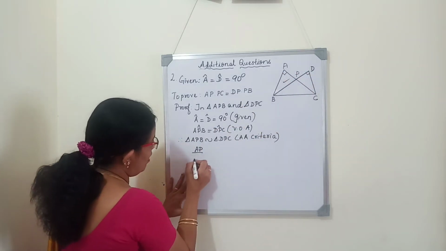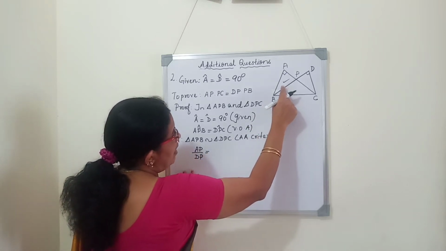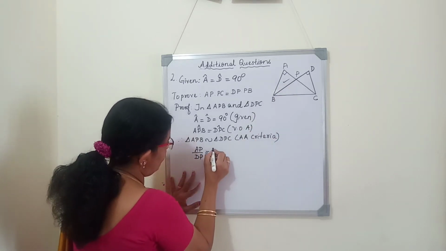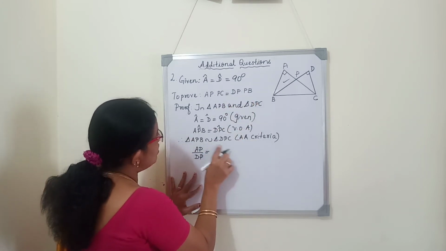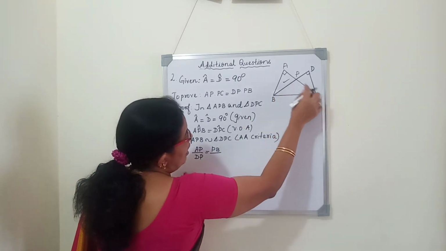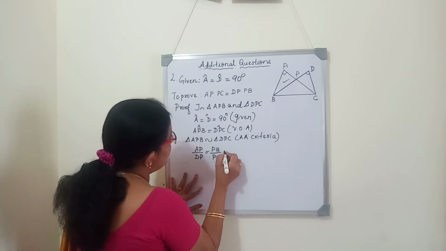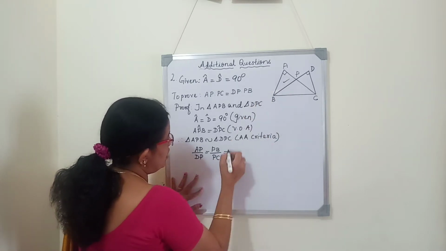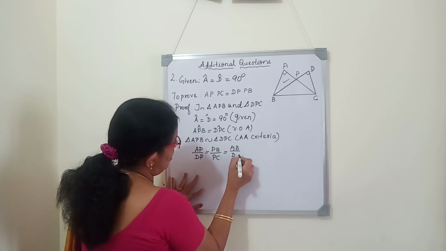So AP by DP is equal to, next in this triangle we write PB. When we write PB, the corresponding side is PC. And the third side for this triangle is AB, and in the second triangle it is DC.